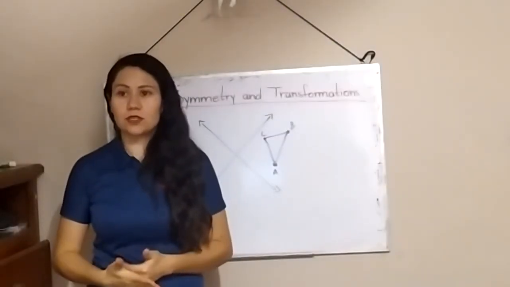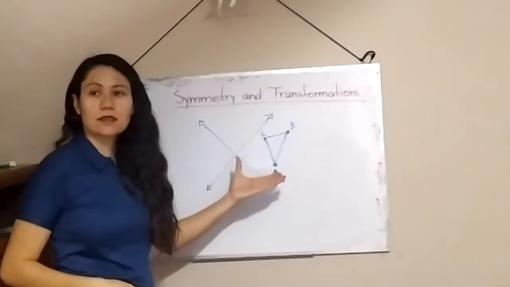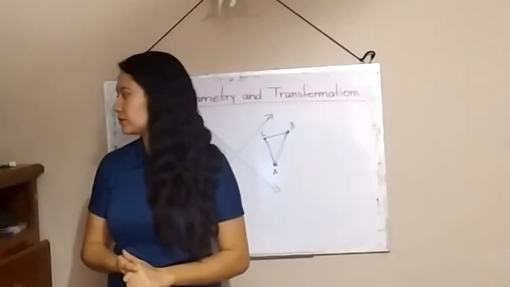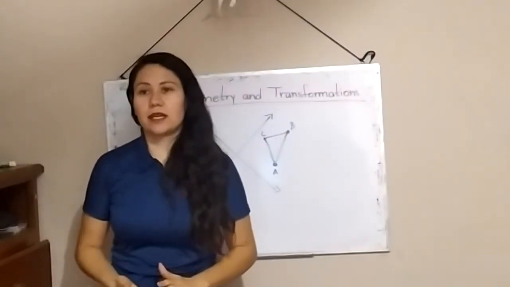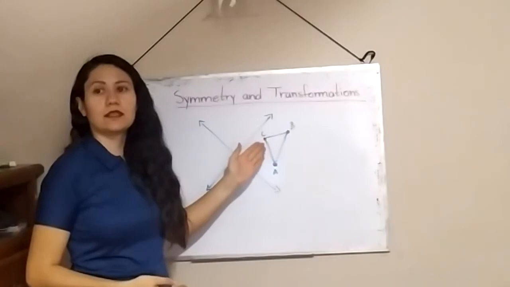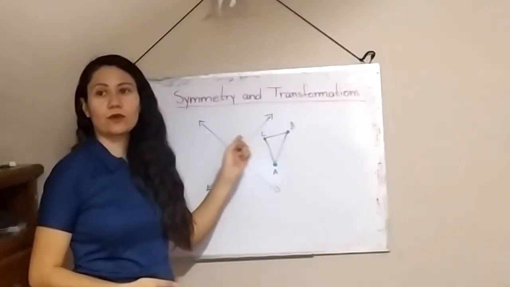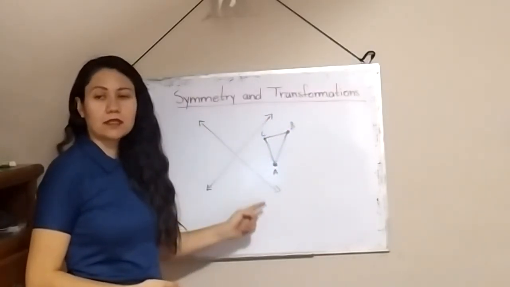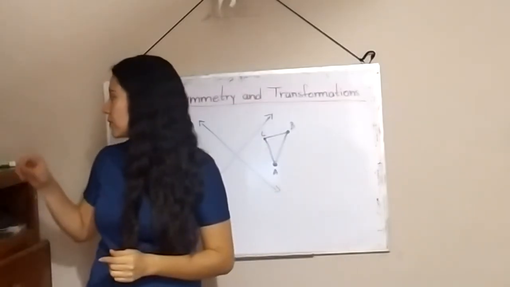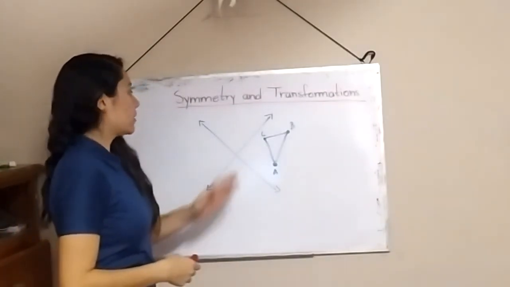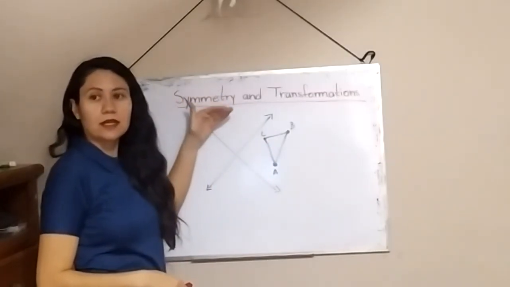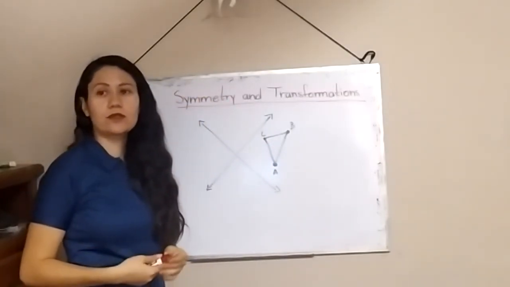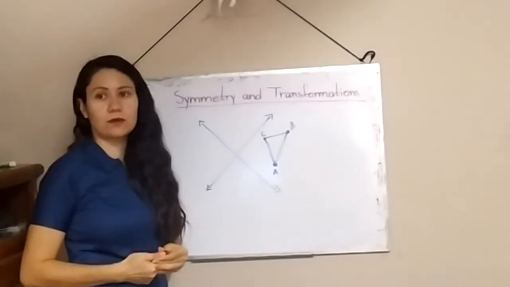Now, a rotation is reflecting the figure through a pair of intersecting lines. Okay? So first we are going to reflect it through one of these and then to another, and we are going to have a rotation as a result.